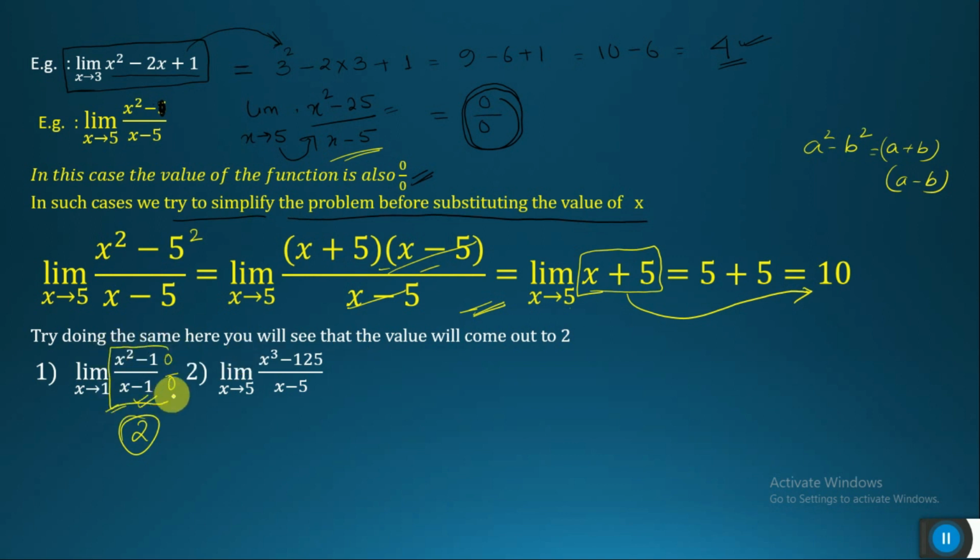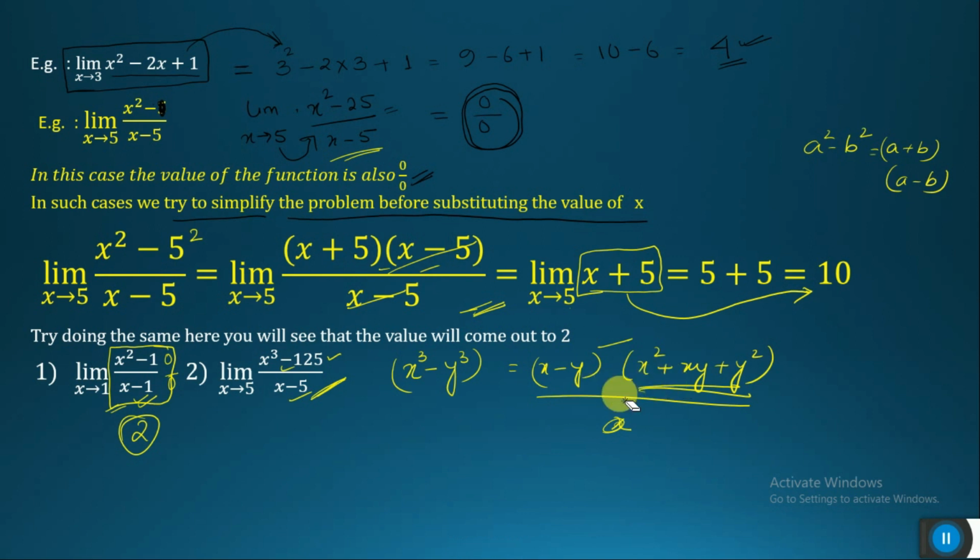For this one, you will find out yourself, because you should know the formula for x cube minus y cube: (x minus y)(x square plus xy plus y square). This should be your formula. Before proceeding, try this problem once, then check the answer. For this, the answer should be 2. For this one, you need to find it.